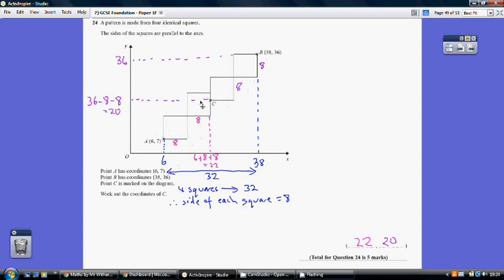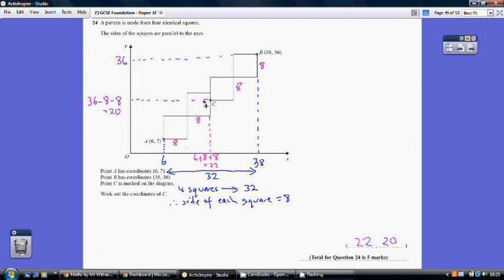Now bearing that in mind, we can work out the coordinates of C. So with regard to its x coordinate, the amount along the corridor, well, we've gone 6 along, then another 8 for the width of the first square, then another 8 for the width of the second square, then we've got to the x coordinate of C. So the x coordinate of C is 6 plus 8 plus 8, which is 22.